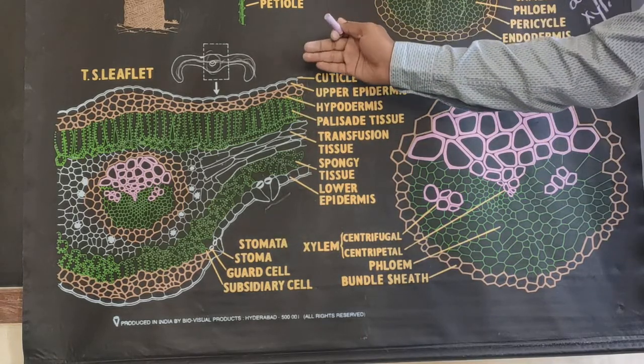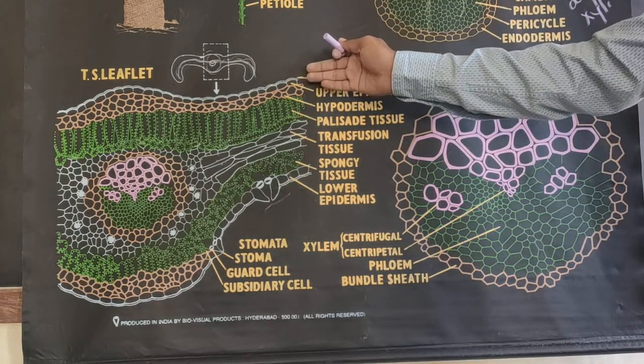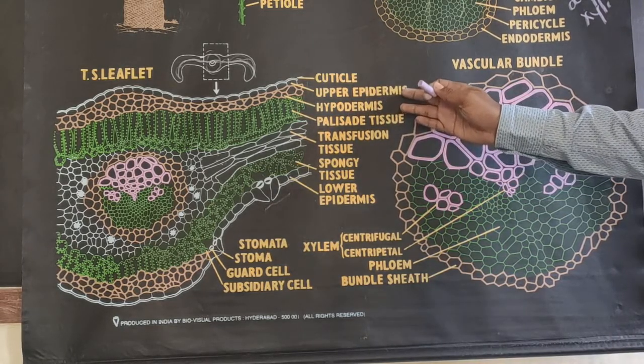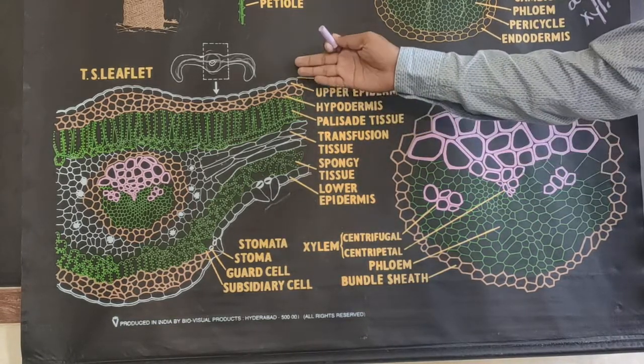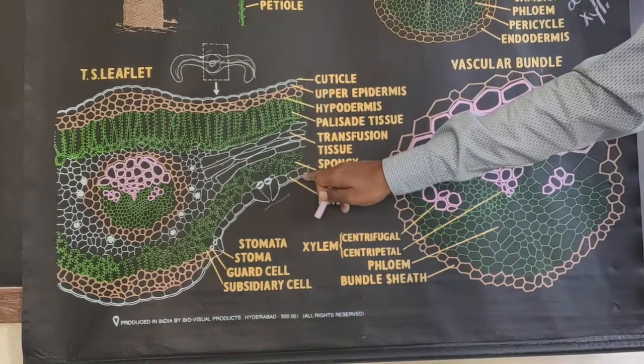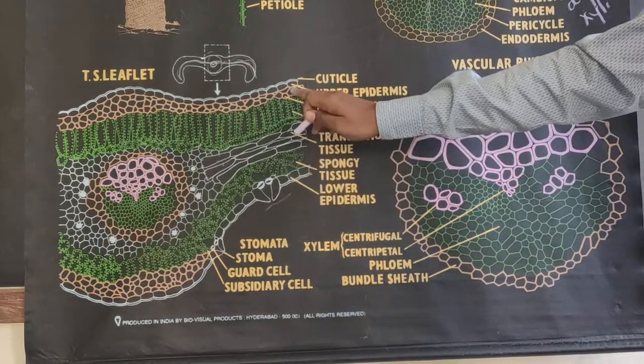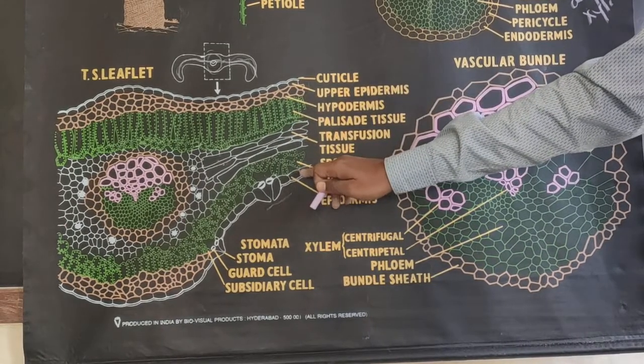The outermost layer of the leaflet is made up of epidermis. The epidermis is differentiated into upper epidermis and lower epidermis.